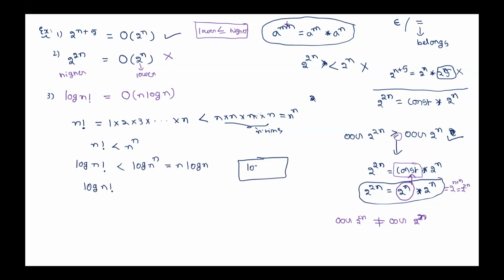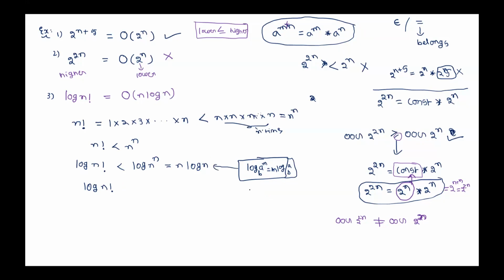We know that log a power m base b is m log a base b. Based on this, we have written this. Log a power m base b is the same as m log a base b. Is it clear? That's clear.